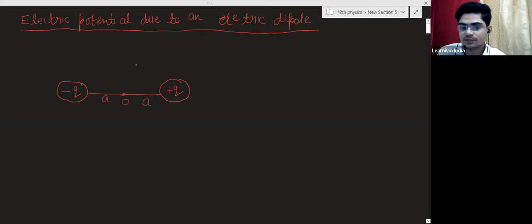So basically this is a dipole, and due to this dipole we have to calculate the electric potential.